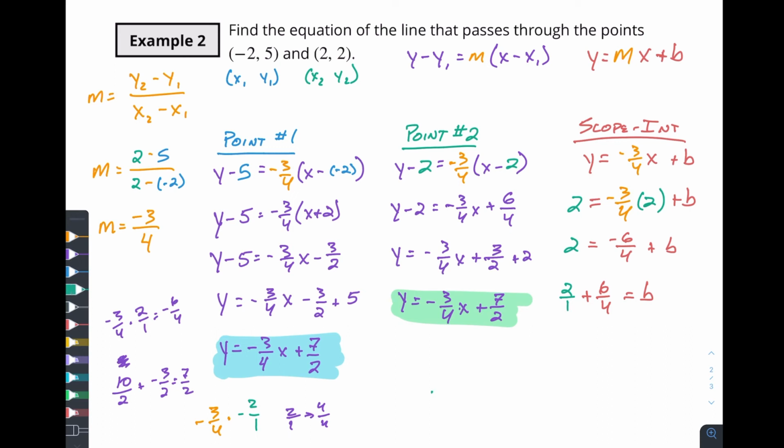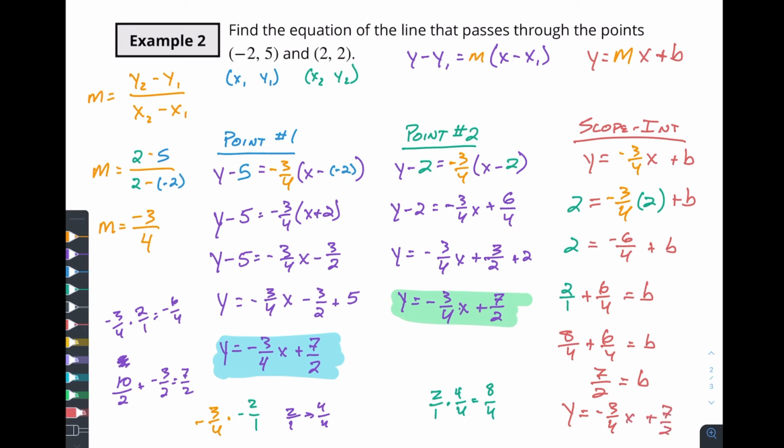So 2 over 1, if we want to multiply that by 4 over 4, we're going to have 8 over 4, and that gives us a value of 8 over 4 plus 6 over 4 equals b, which is going to equal 14 over 4, or if we had done this earlier, if we had simplified this to 3 over 2, we could have simplified that as well to 4 over 2. But anyway, we look at it, we're still ending up with 7 over 2 is equal to b. So y equals negative 3/4 x plus 7 over 2.